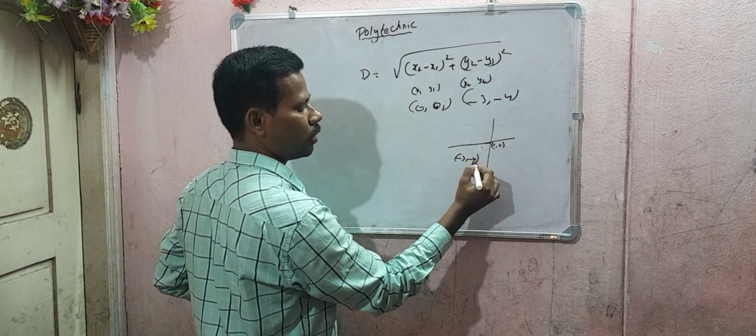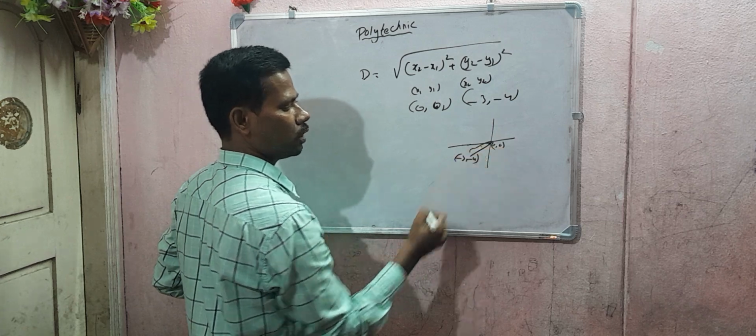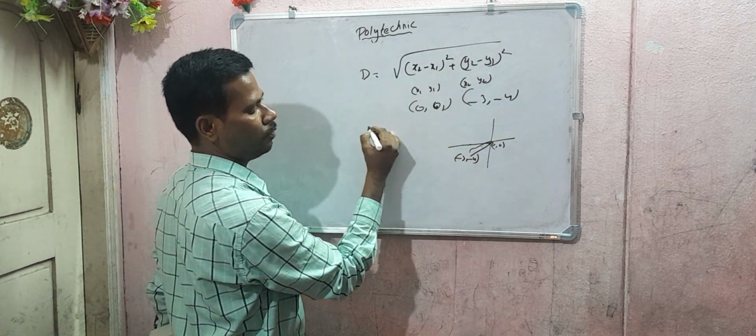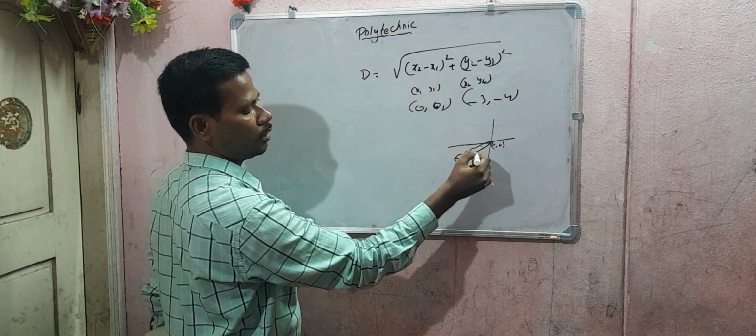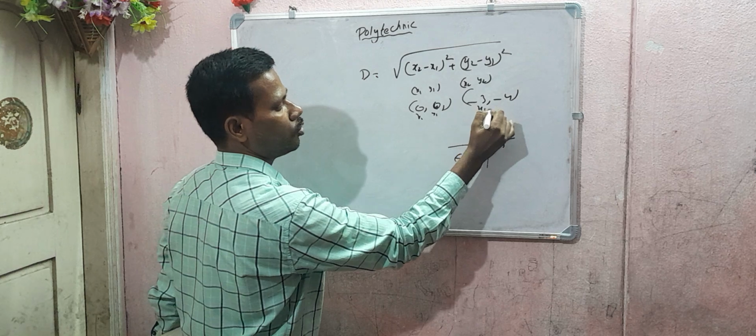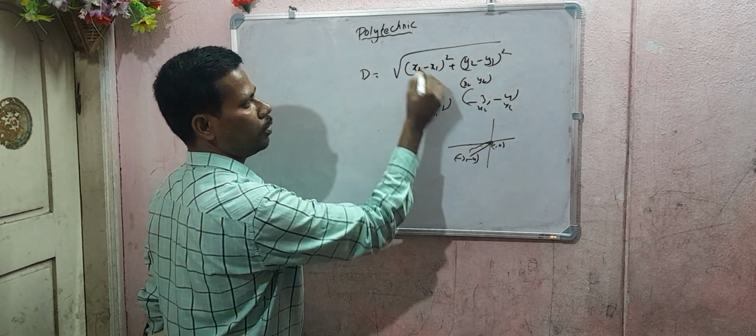X axis is minus 3, y axis is minus 4. So what is the distance asking? Simply apply this one. Here 0, 0 is x1, y1 and minus 3, minus 4 is x2, y2. So replace here.